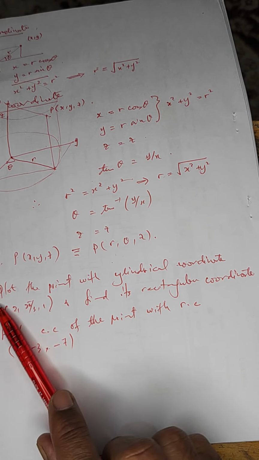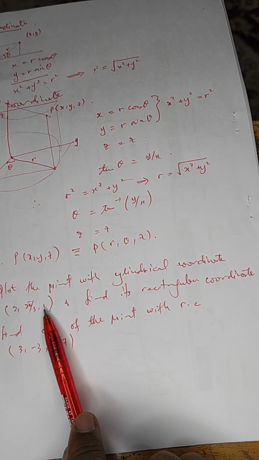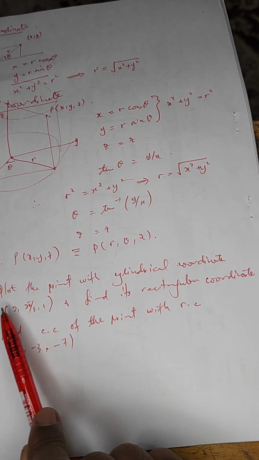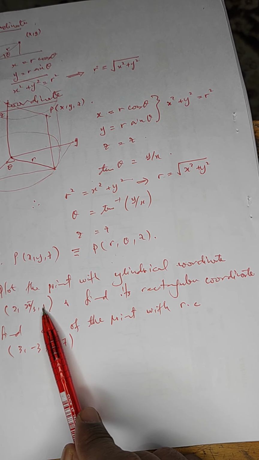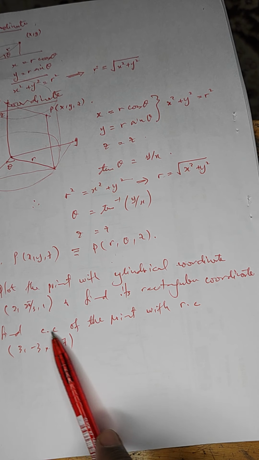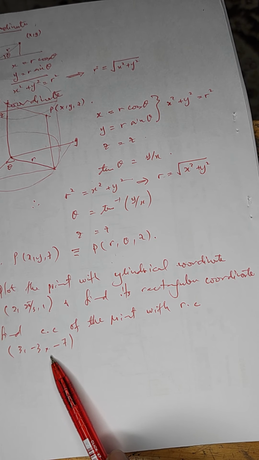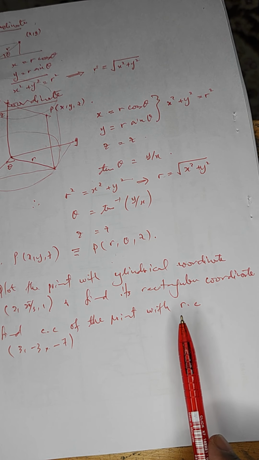So in the first case, this is our r, this is our theta, this is our z, and in the second case, this is x, y, and z. So what we need to do is, given the cylindrical coordinates, convert them into rectangular coordinates, or, in the second case, given the rectangular coordinates, convert them into cylindrical coordinates.